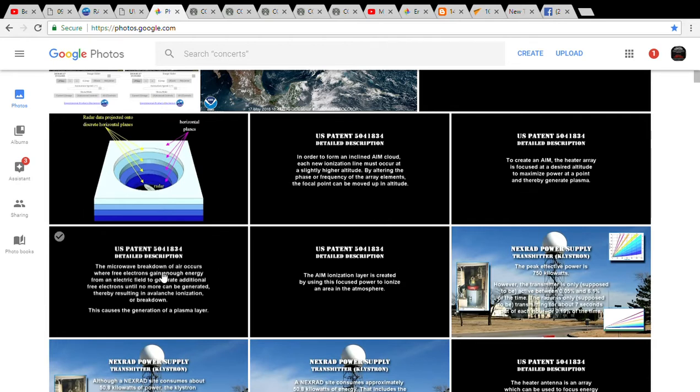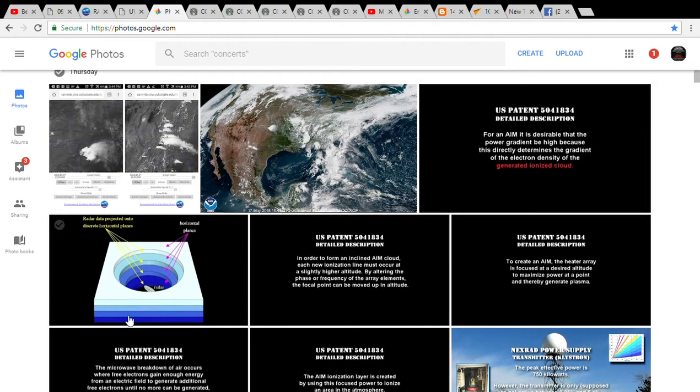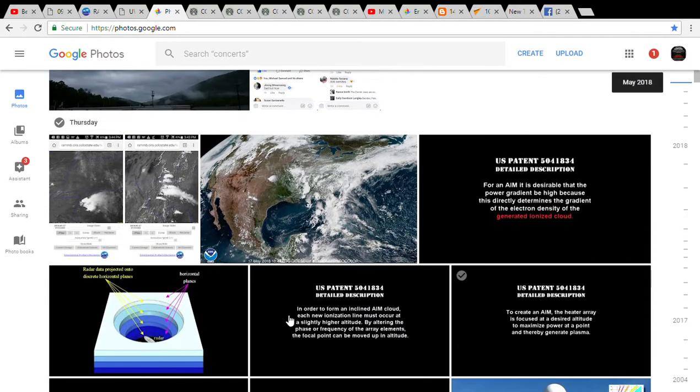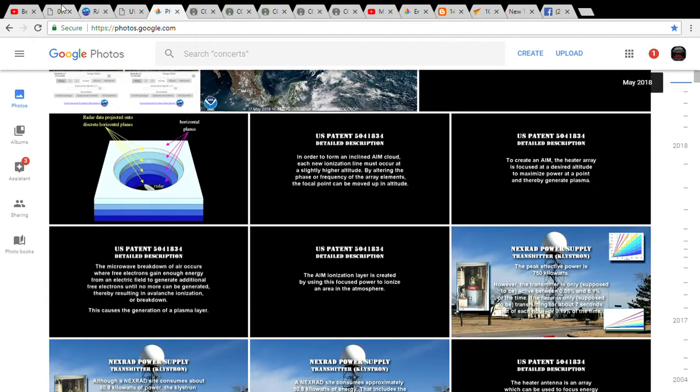Like right here, it says the microwave breakdown of air occurs when free electrons gain enough energy from an electric field to generate additional free electrons until no more can be generated, thereby resulting in avalanche ionization or breakdown. Okay? So they can aim these radars, and they got radars for different areas of the atmosphere.